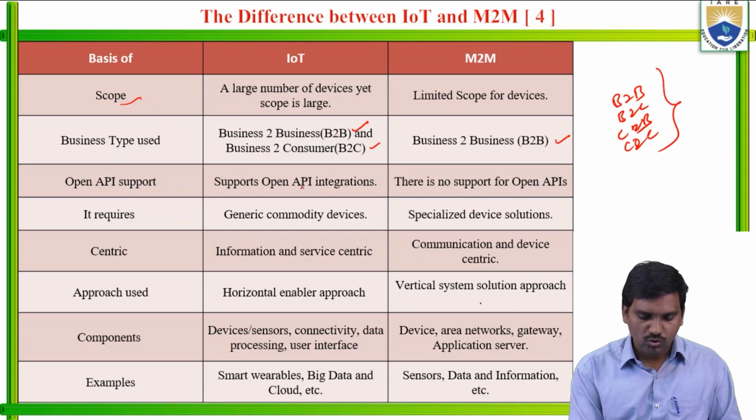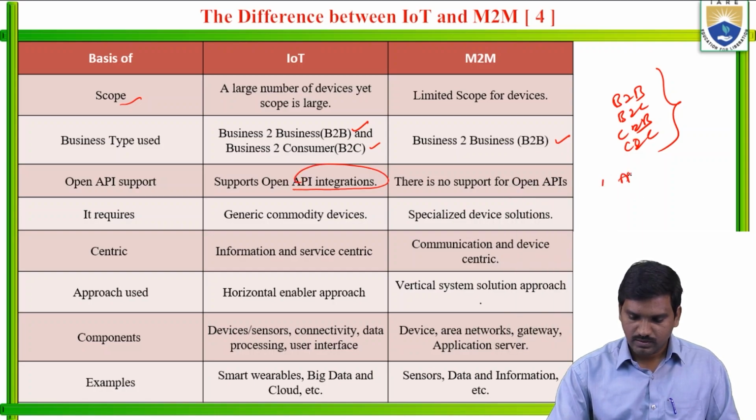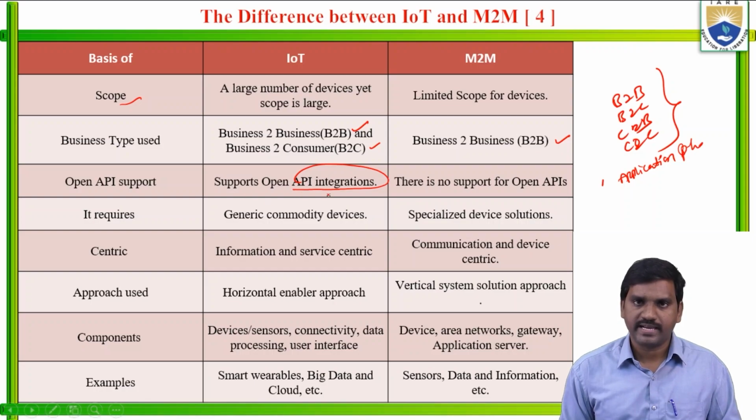Next, open application programming interface. Here IoT supports open API integrations. API means application programming interface, which supports open API integration. For machine to machine there is no support for open API, so it cannot be used by any other third party.